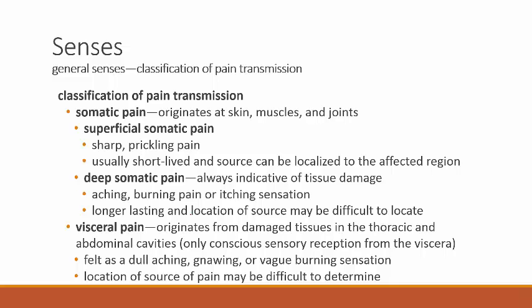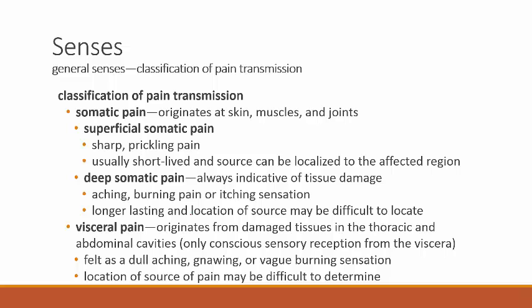So we're capable of noticing where these sensations are coming from. This would be pain carried along type A fibers, or fast pain. Deep somatic pain is indicative of tissue damage, and usually provides an aching, burning, or itching type of sensation.